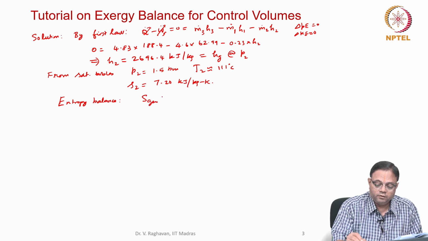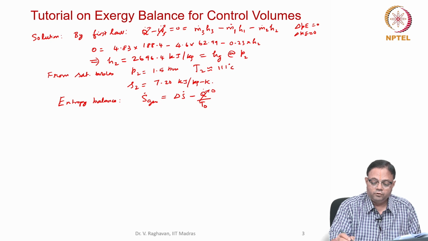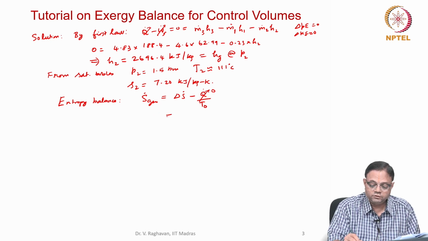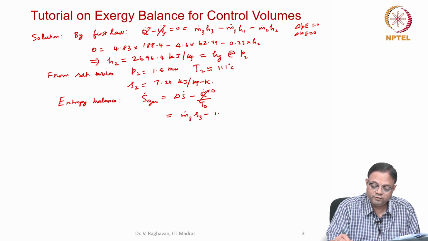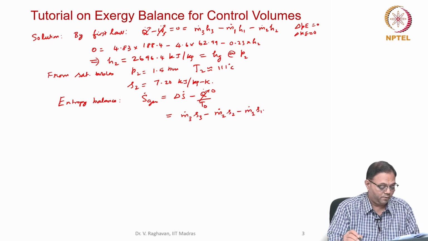S gen equal to delta S gen minus q dot by T naught. So now this is written as m dot 3 S3 minus m dot 2 S2 minus m dot 1 S1.